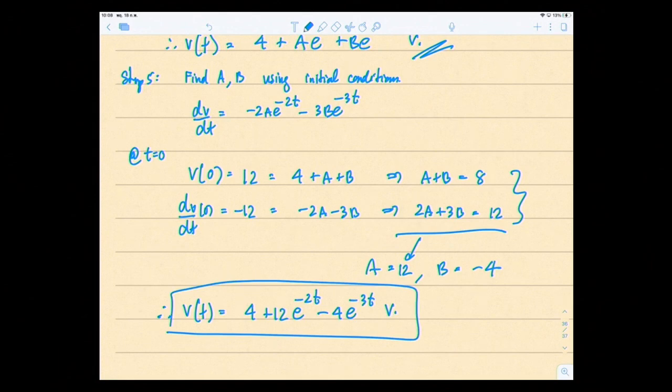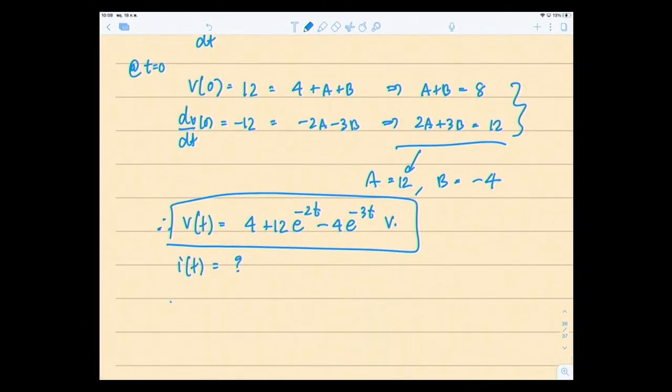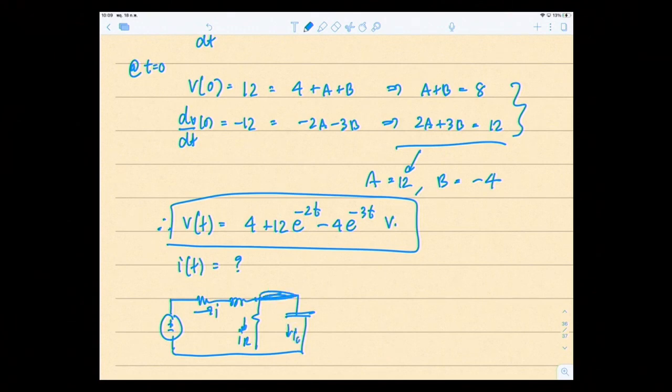But the question also asks for the current I. If I draw the circuit again real fast, this is I, this is IR, this is IC, and this is V. So therefore, you can find I, because we have started that I is equal to IR plus IC.